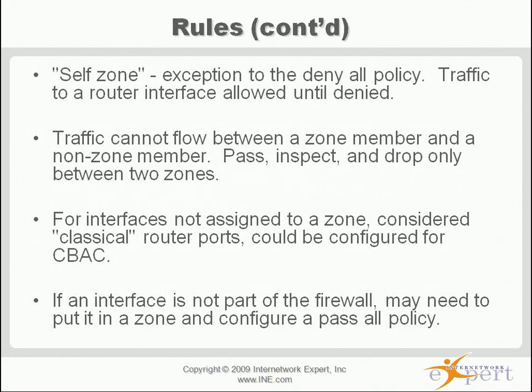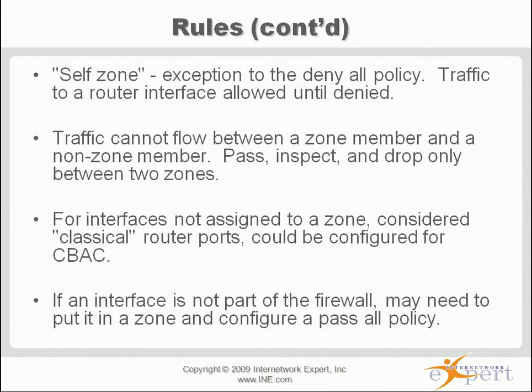So if I have my inside interface in a private zone and my outside interface in a public zone, and I have a third interface that's not applied to a zone, even though I could be receiving routes and receiving information, I'm not going to pass traffic from, say, my public zone to a network reachable by that interface that is not in a zone. So my device may have routes, but it's not going to be passing that traffic through. We'll get into some other things you can do for that in a minute as well.